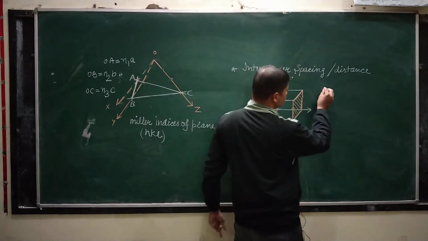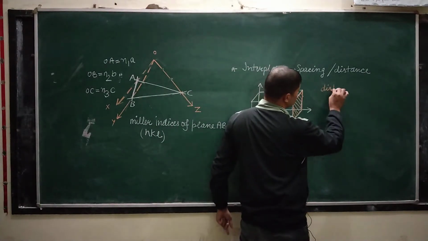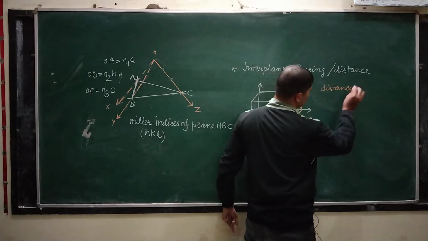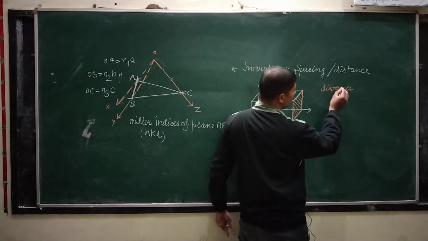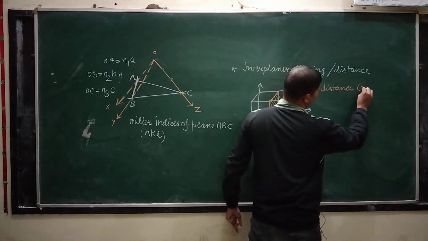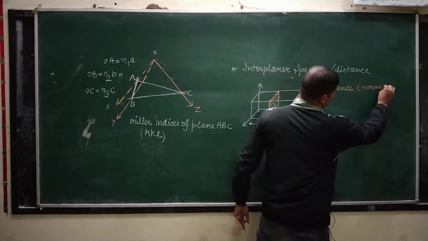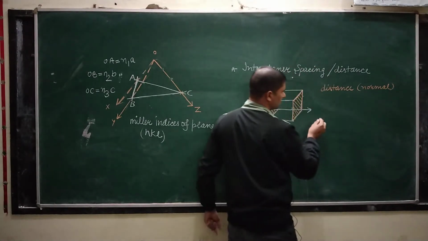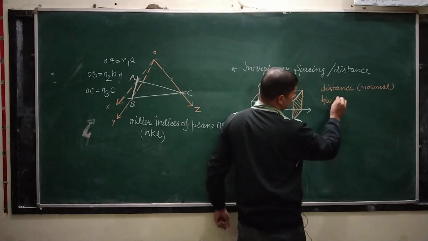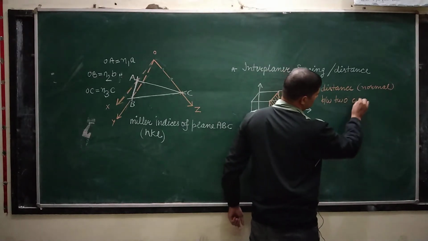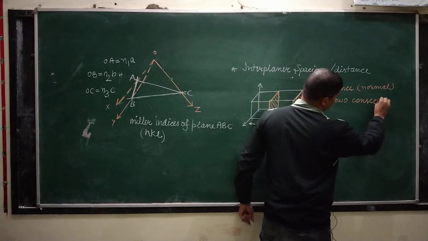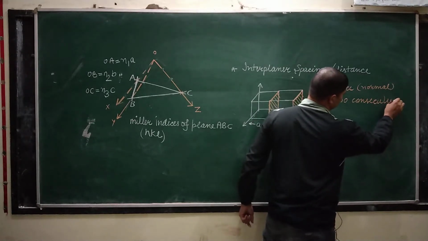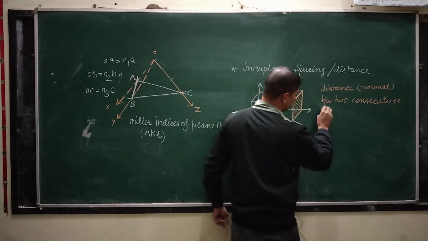So this is the distance, or I will write it, normal distance or perpendicular distance between two consecutive planes.